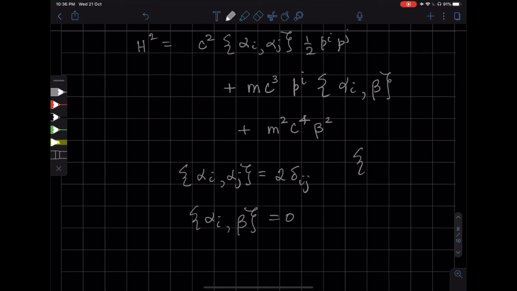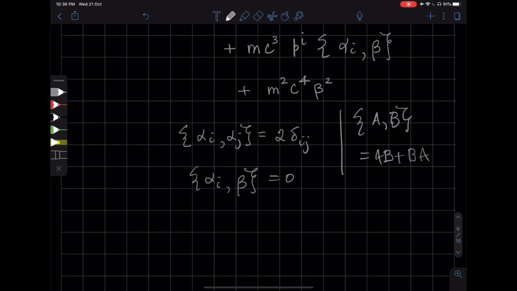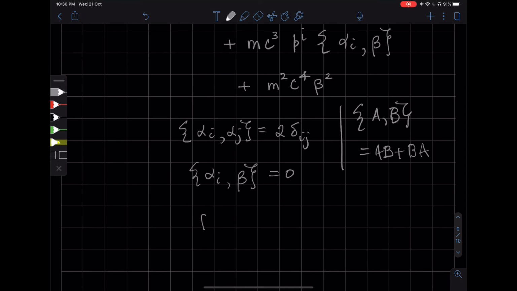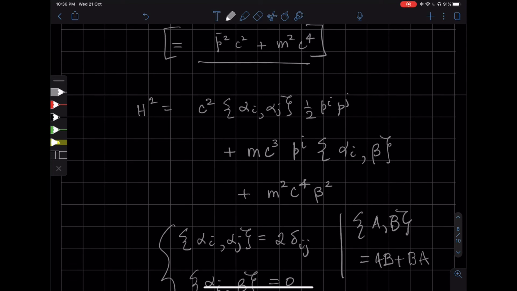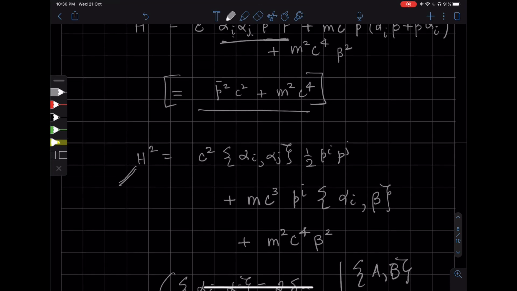By the way, the anti-commutator of A, B is defined as AB plus BA. And beta squared is 1. So if these three conditions are satisfied, then we see that this thing gives the relativistic mass energy condition.